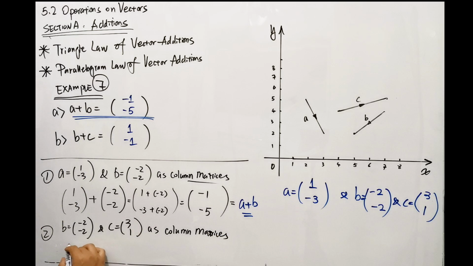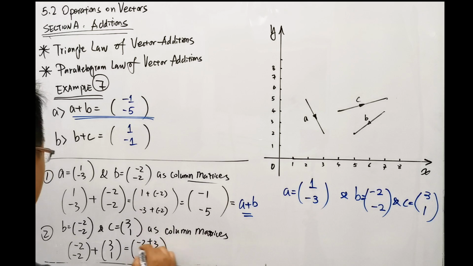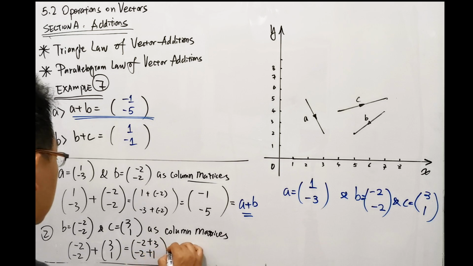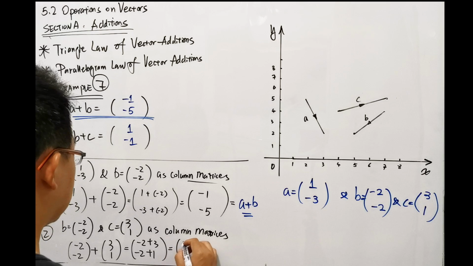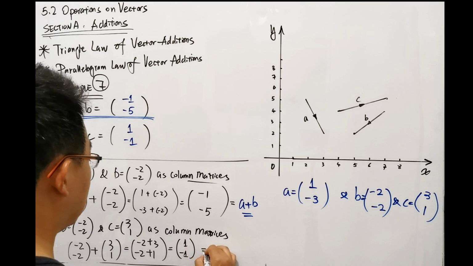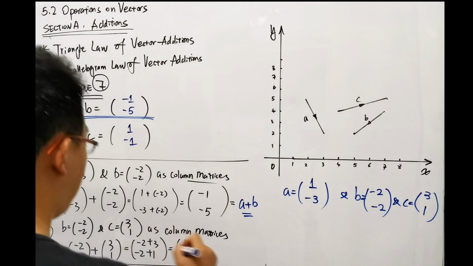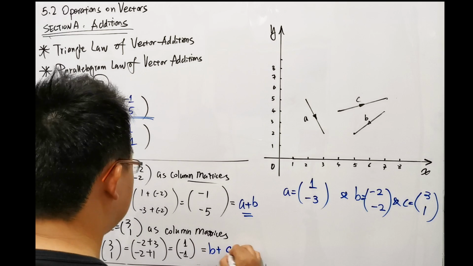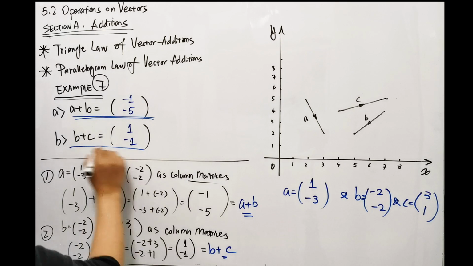So we have minus 2 plus 3, and minus 2 plus 1. So the answer is 1, minus 1. So this equals B plus C, right?